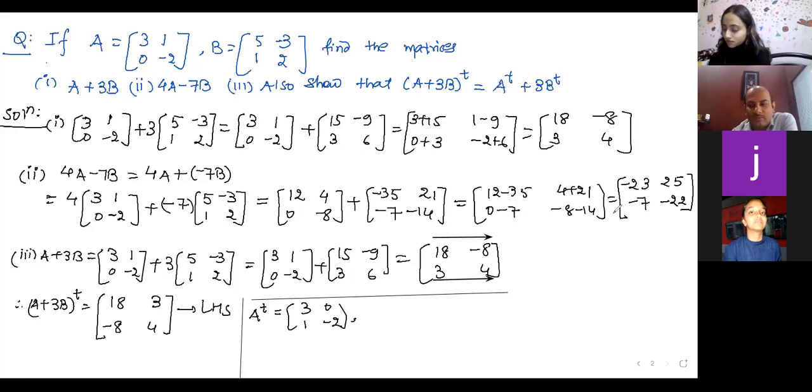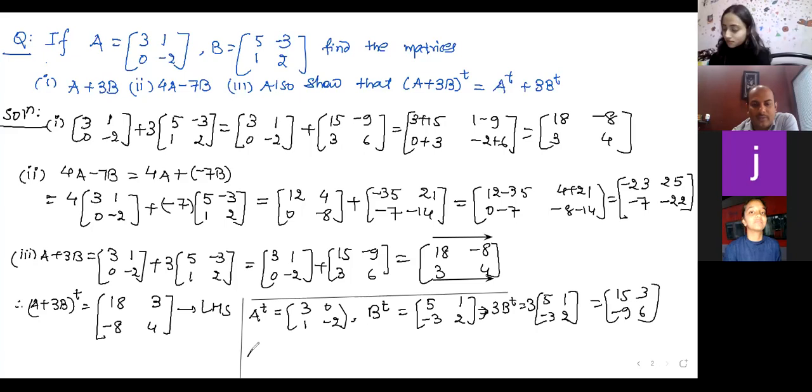Then B transpose. First of all, I have to find B transpose. B transpose is equal to 5 minus 3, 1, 2. Then I have to find 3 times B transpose, which is equal to 5 3 are 15, 3 minus 9 and 3 2 are 6.